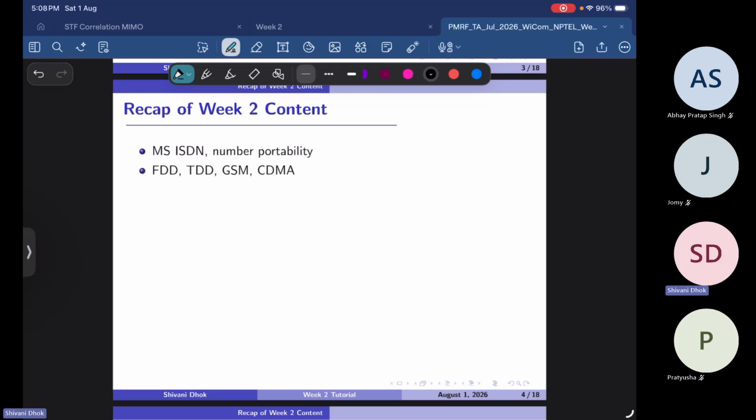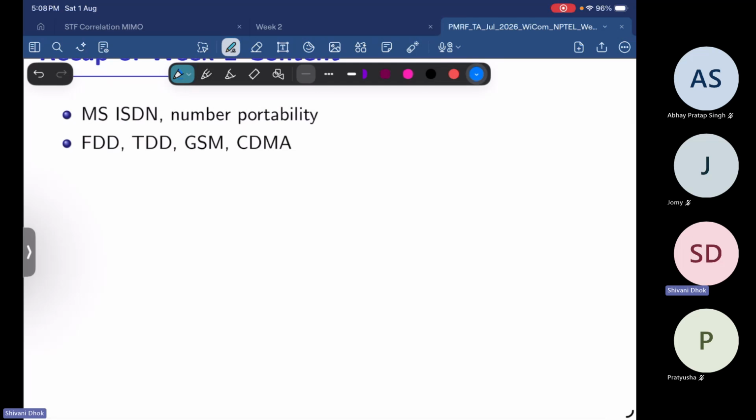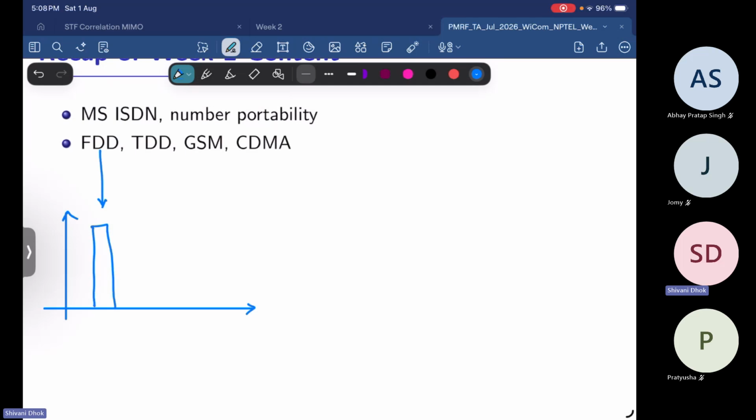Then we had a brief introduction to duplexing techniques. Primarily, we looked at two different duplexing techniques. First one was frequency division duplexing. Here, uplink and downlink transmission happens at different frequencies.